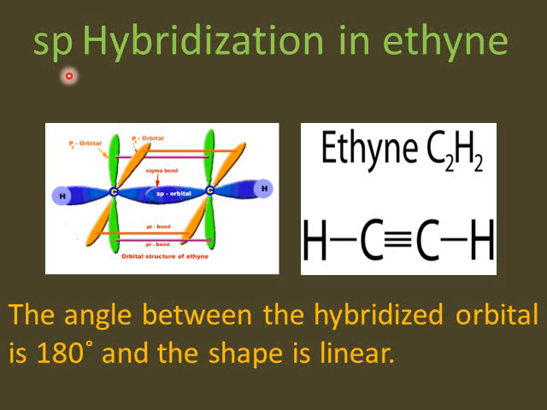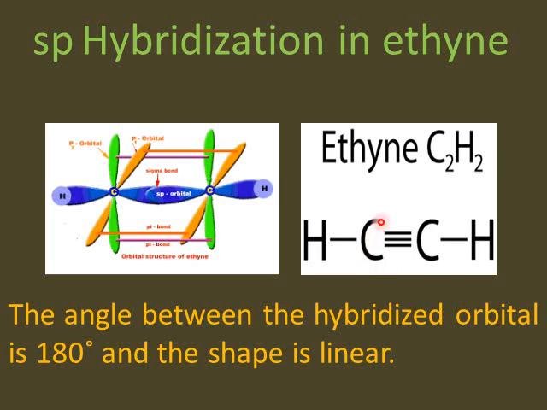Now this is sp hybridization. In sp hybridization, 1s and 1p are involved. Here, if I talk about carbon number 1, this is ethyne, which belongs to alkynes and forms a triple bond. So it is an unsaturated compound. Now with how many atoms is carbon number 1 attached?